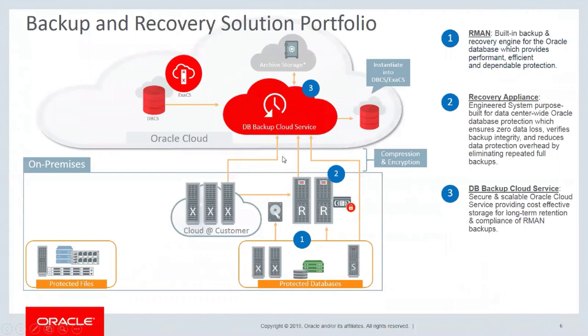So once a backup is, for example, moved or copied from the Recovery Appliance to the cloud storage, it can be used to instantiate either Database Cloud Service or Exadata Cloud Service, or a cloud compute instance where the customer installed their own version of the database with their own customization.